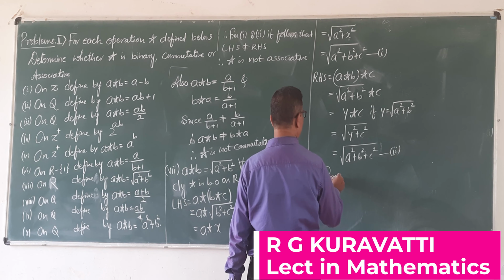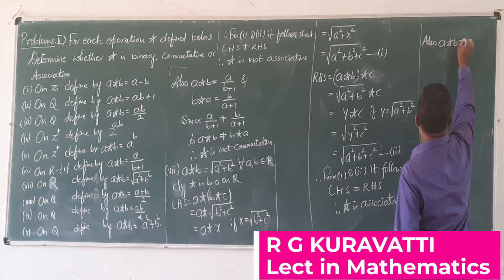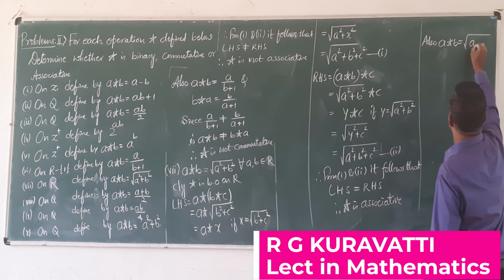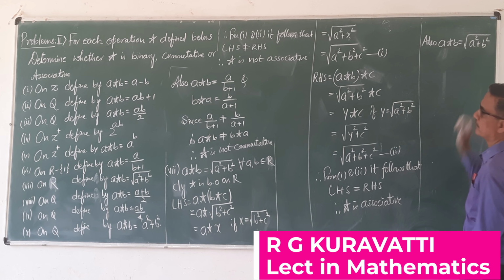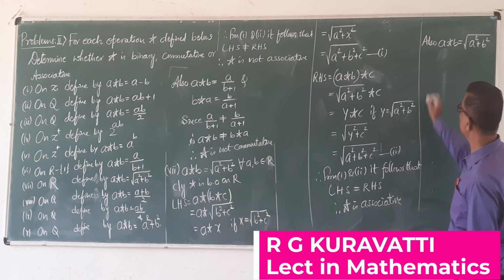Star is associative. Is it commutative? Check it. Also, A star B is given as root of A square plus B square. What about B star A? Root of B square plus A square. So you know that A square plus B square is the same as B square plus A square.